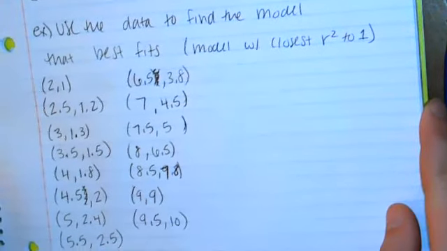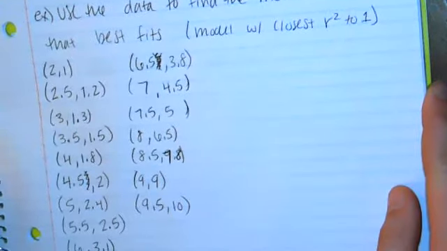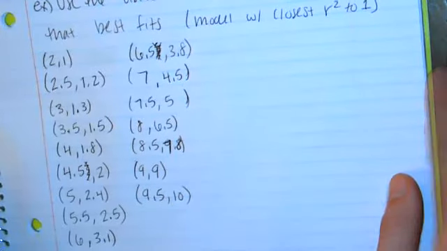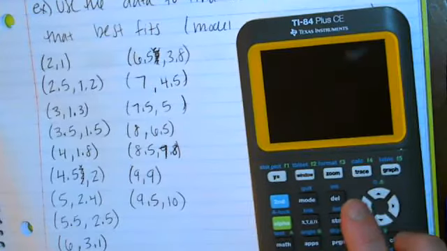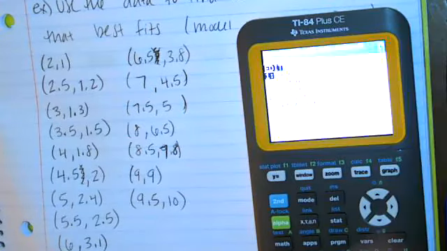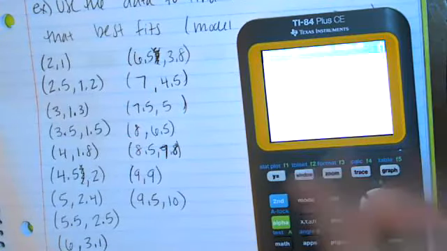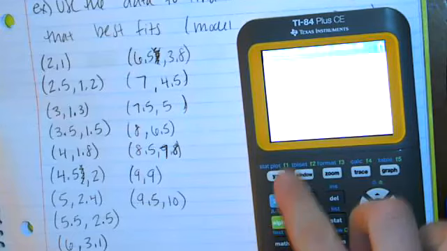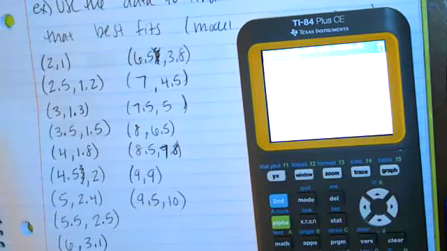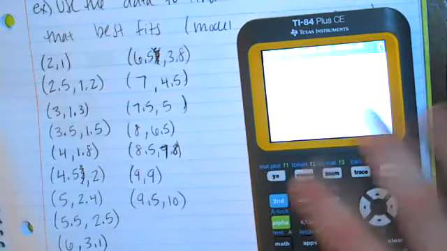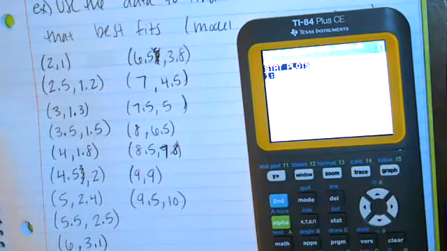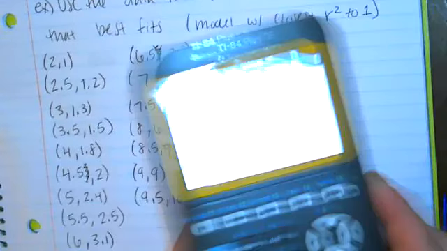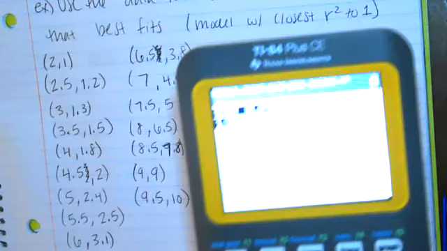Let's see if I can get all those in. Okay, there they all are. So first things first, you need to go on your calculator. Obviously, turn it on. Then you're going to go second, y equals. I can't really see mine. Maybe if I turn, there we go, now you can see.